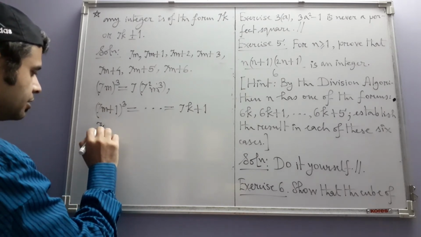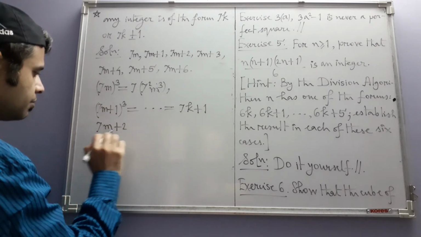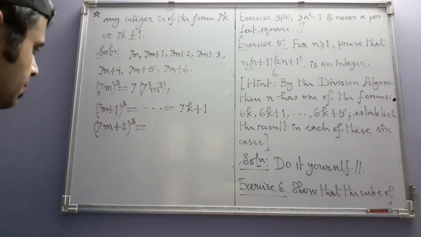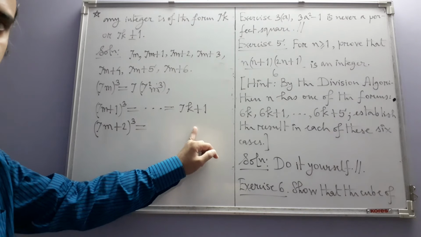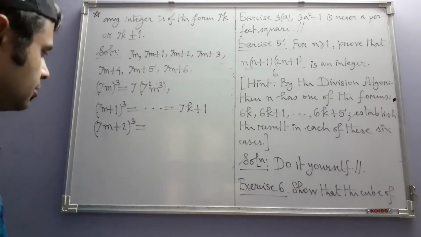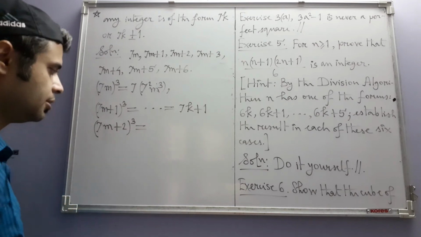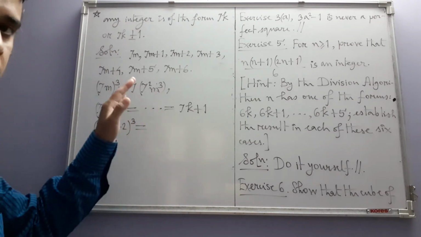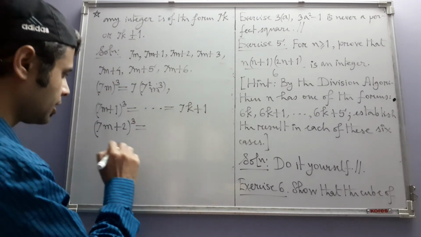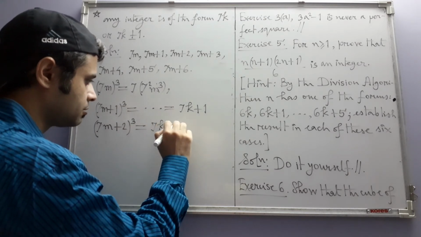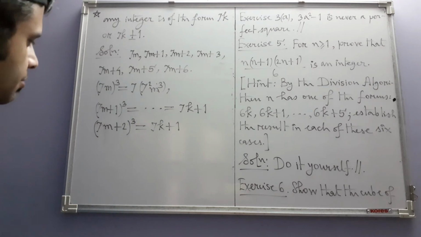Multiples of 7 will occur in this expansion along with 8. That 8 can be written as 7 plus 1. So ultimately this again is going to be of the form 7k plus 1.